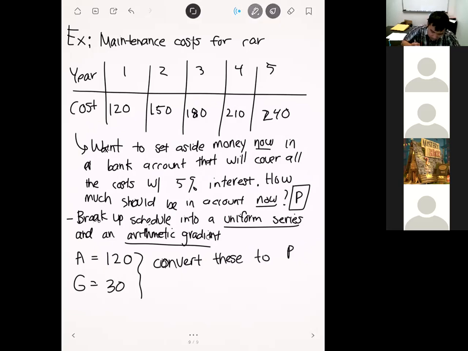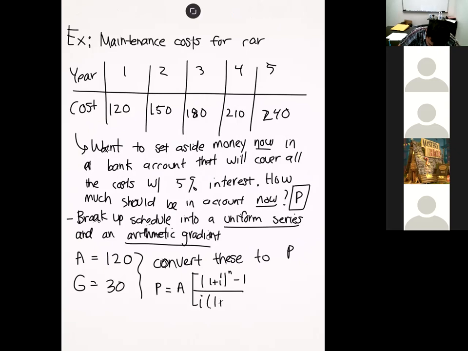Okay. And so our two formulas for that. Let me do the P and A formula first. So you have P is equal to A times (1 plus I)^n minus 1, divided by I times (1 plus I)^n. Right?